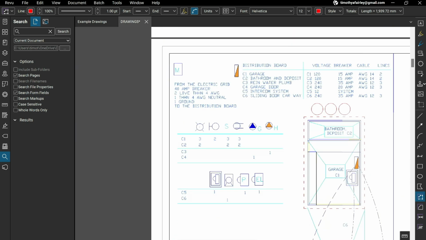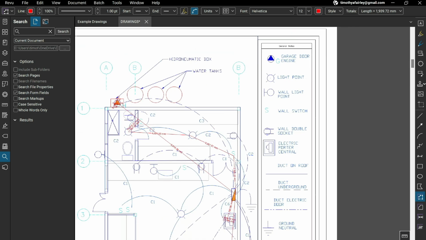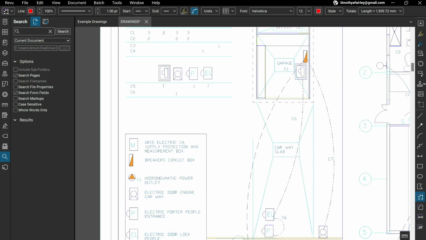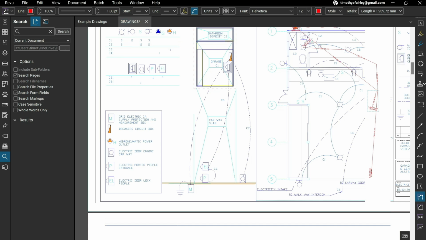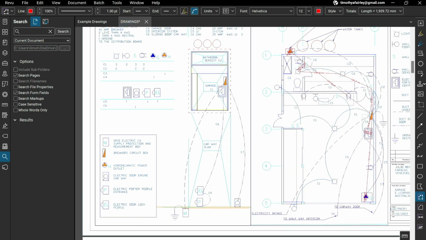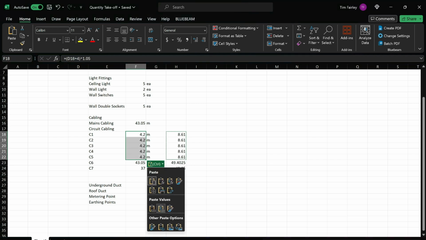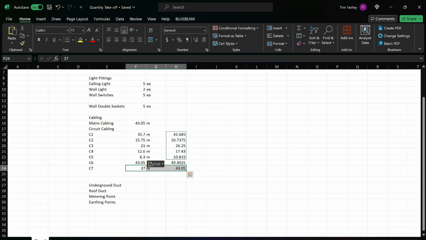Sorry, that's for C6, and C6 is the power. C6 was C7, same thing. A bit confusing because these labels are wrong. But we'll just call that 3.5 meters. Delete those, and then we've got our lengths of the different cablings.